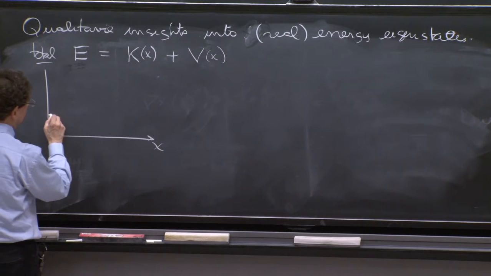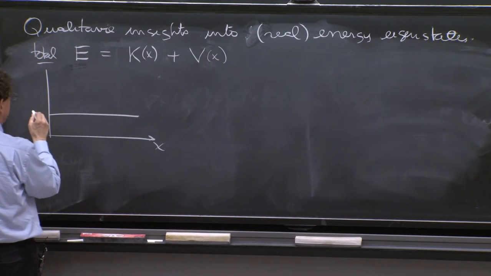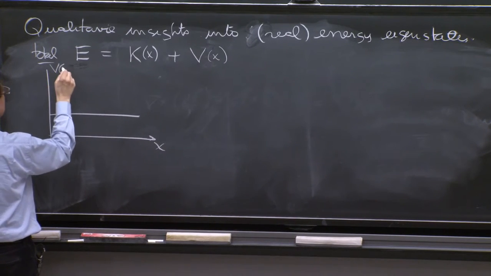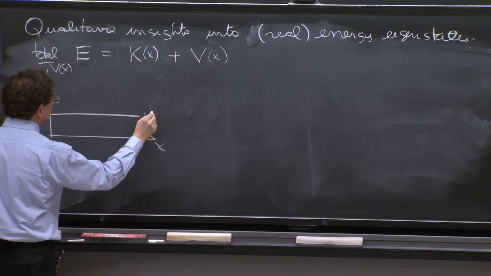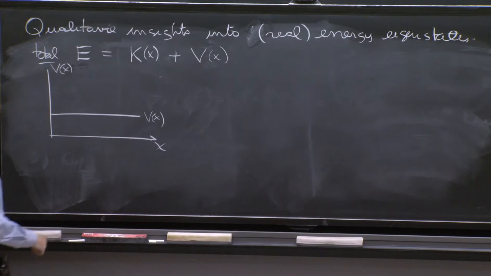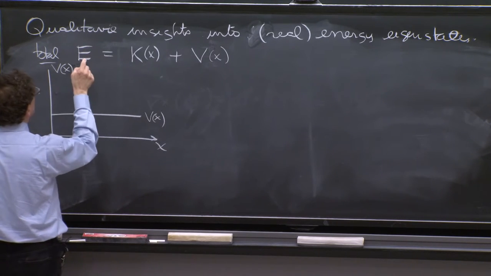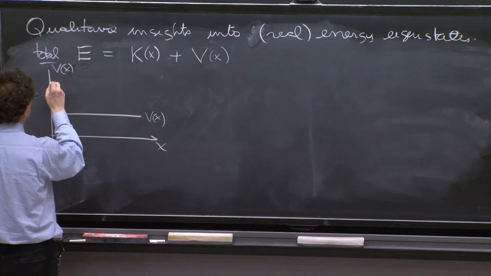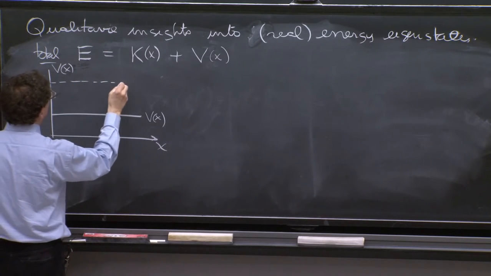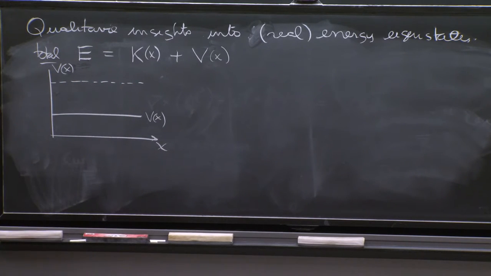Coordinate x, a potential V of x. Is this the potential V of x? It's a constant, nothing that complicated. And suppose you have a total energy. Now the total energy in classical mechanics is conserved. So when I draw a line, I'm not implying that it's a function of x, that sometimes the energy is like that.